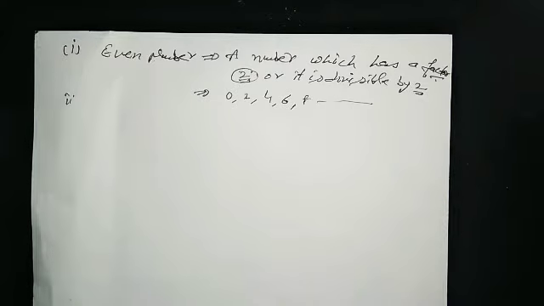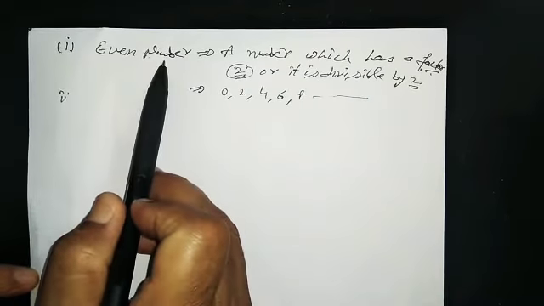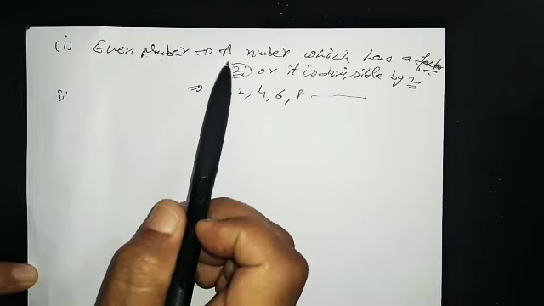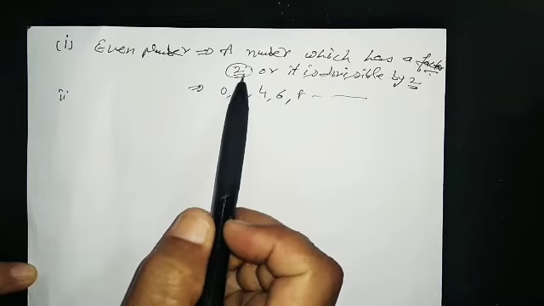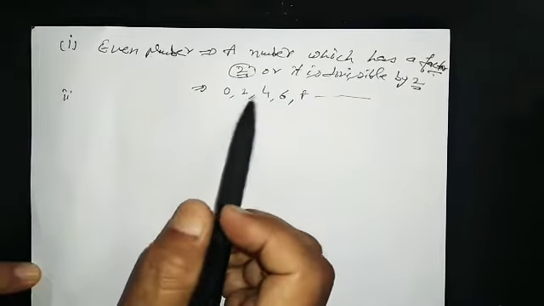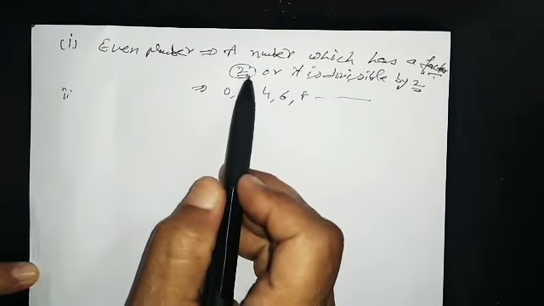So for that, first I will remind you of some numbers which you have already read in your previous classes. Like, the first is even number. What is an even number? A number which has a factor 2, or you can say if it is divisible by 2.